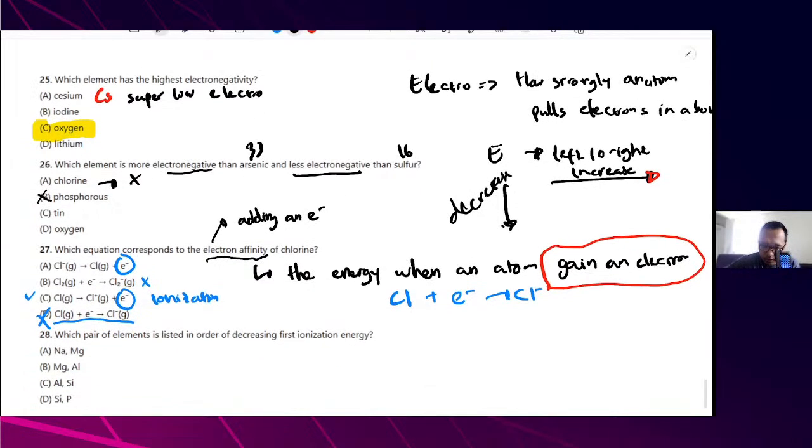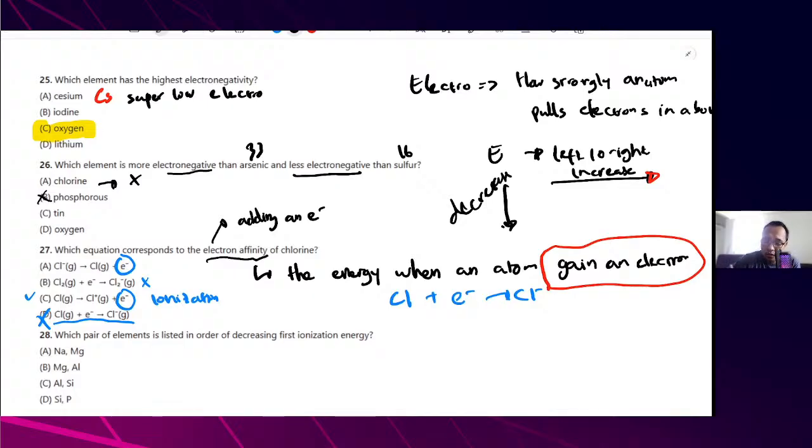All right. And then another question again. Which pair of elements is listed in order of decreasing first ionization energy? Okay, so ionization energy is the energy needed, like I mentioned, to remove the electron. It increases as you go up and to the right.